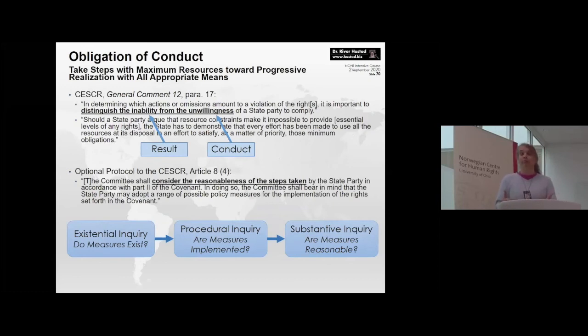And are they properly designed? Are they benchmarks that are more tricking the statistics than trying to reflect what the situation is? That would be part of the procedural inquiry. And then there's the substantive inquiry. Are the measures actually reasonable? Are they actually going to achieve what they're supposed to achieve?